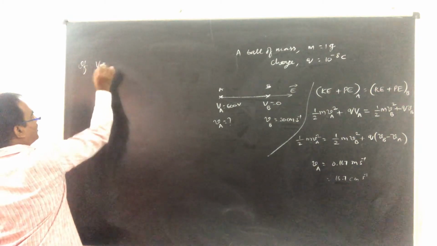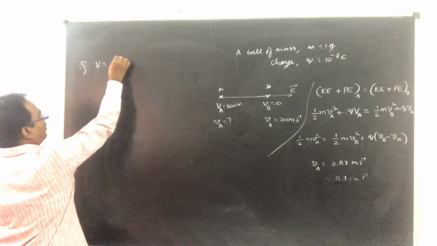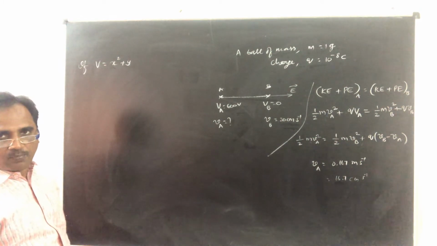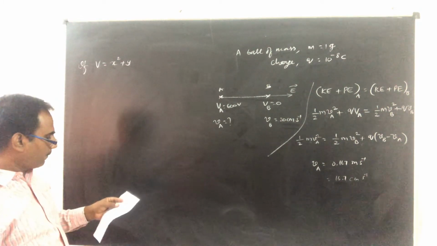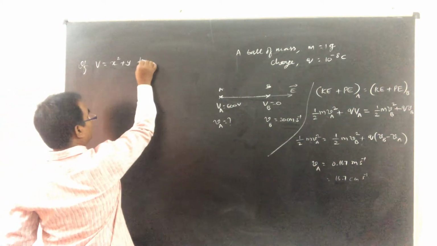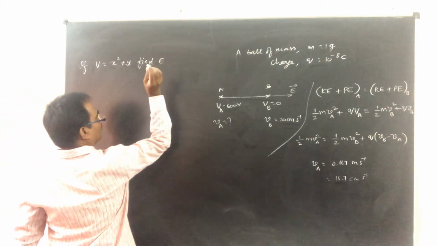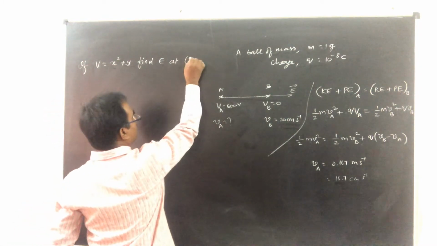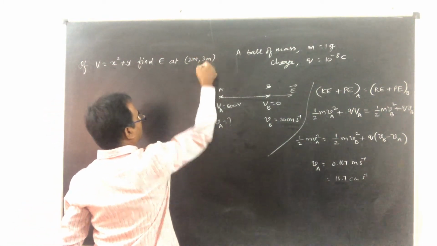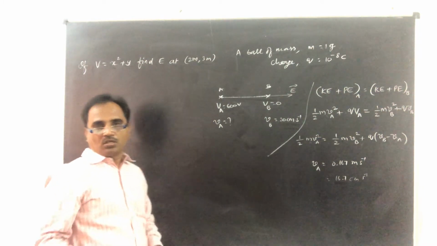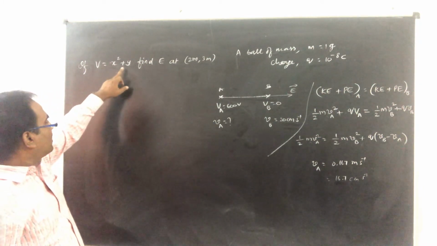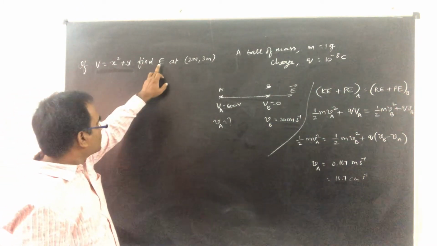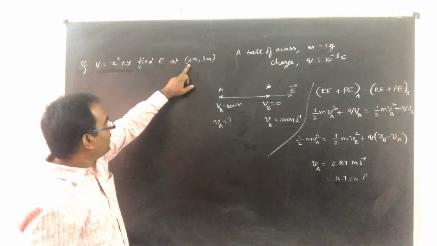If electric potential at a point is given by x square plus y, find electric field at the point of 2 meter and 3 meter. See, at a point in the electric field, electric potential is this much. You are asked to find the magnitude of electric field at this point.